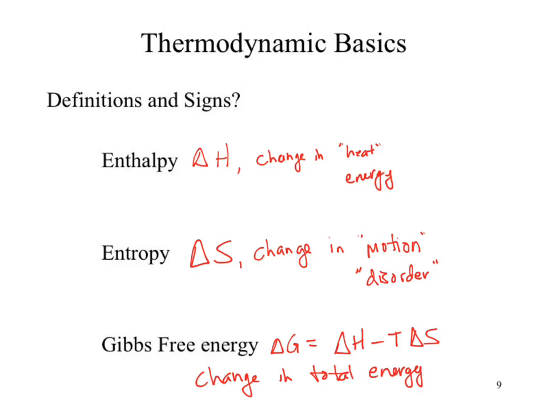Enthalpy is the symbol H. Entropy is the symbol S. Gibbs free energy we give the symbol G. The delta that we put in there is the change. That change is the change between our system and surroundings. That's how we calculate that difference.